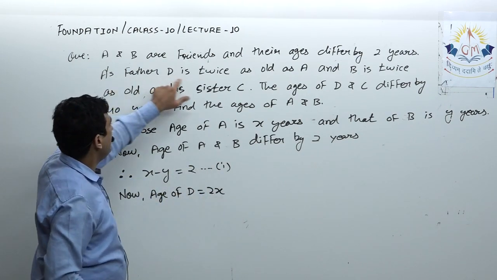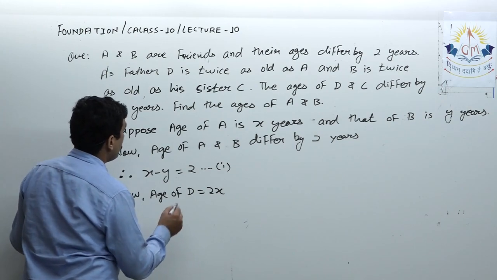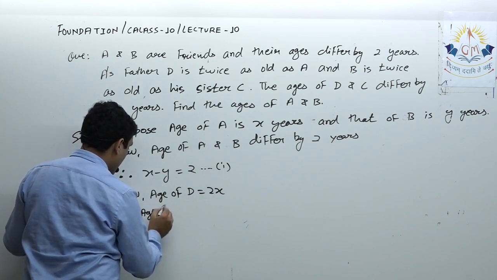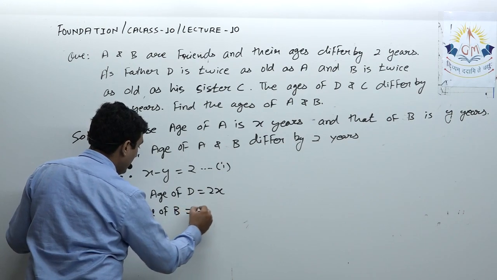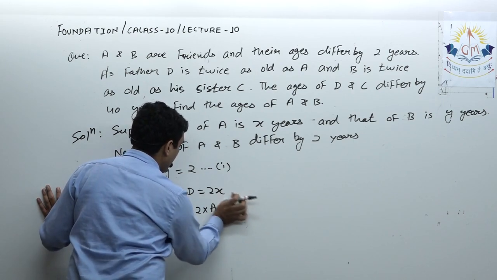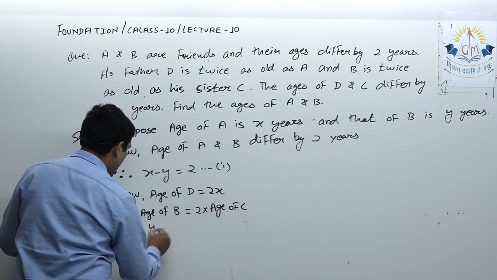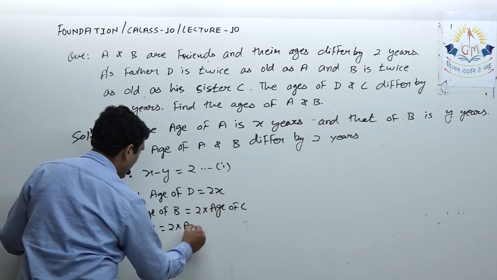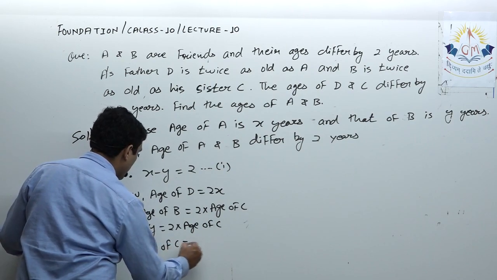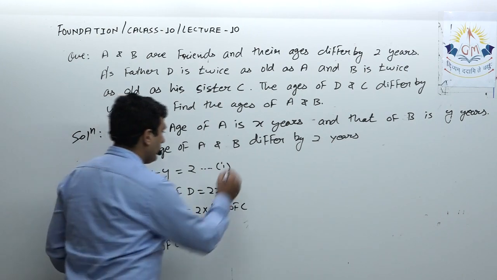Next it is given B is twice as old as his sister, that is, the age of B is twice the age of C. Therefore, y is equal to 2 multiplied by the age of C, or simply I can say the age of C is equal to y upon 2. Okay, so we got the age of D as well as the age of C.